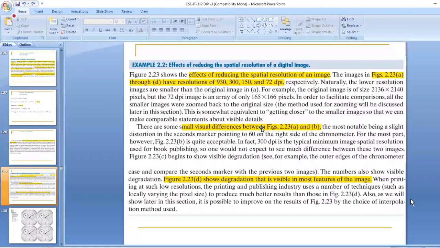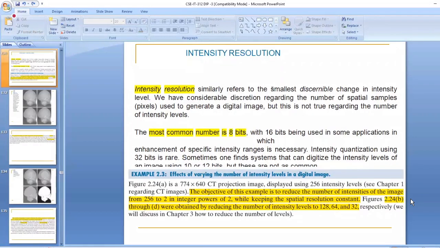Now moving on to the next topic, that is the intensity resolution. So listen, it is similar. Intensity resolution similarly refers to the smallest discernible change in the intensity level. So here I will take the intensity level.